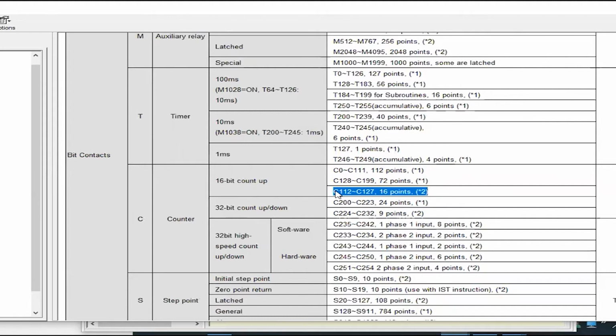What is an unlatched counter? What is a latched counter? We will discuss while writing the program. So let us see here. C0 is unlatched, and C120, which we used in our example program, is a latched counter.